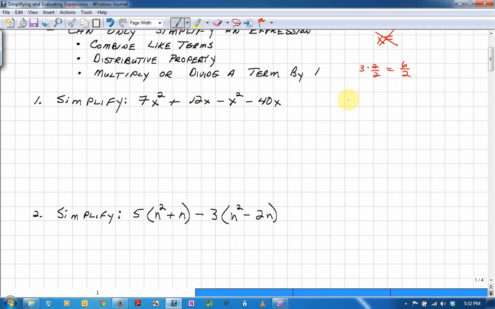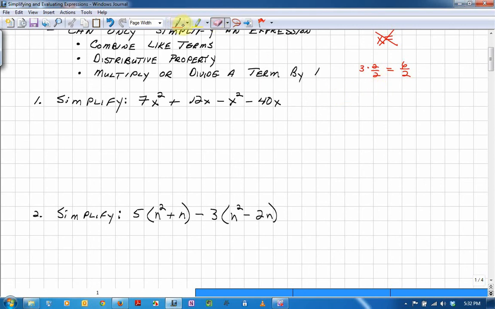Also, if I had some term at the end of this, say plus 5xy, of course that's not part of the problem, but if it was, that wouldn't combine with any term, because this term has x squared, this term has x. Notice that none of them have a y, so that wouldn't combine with any of those.